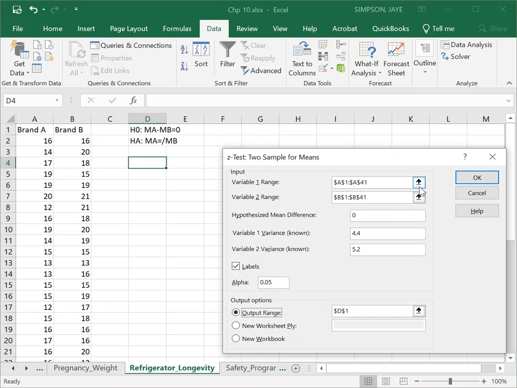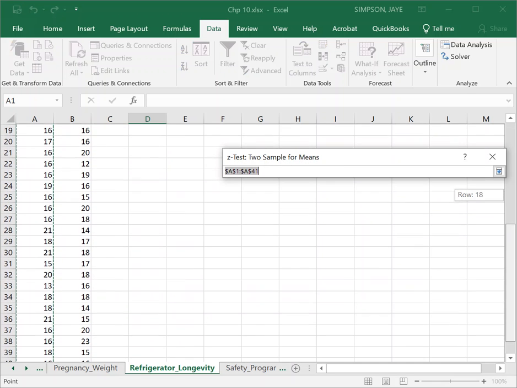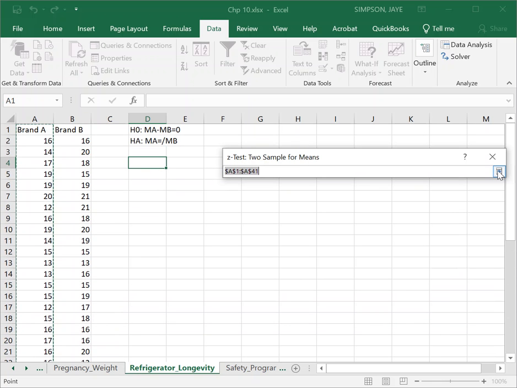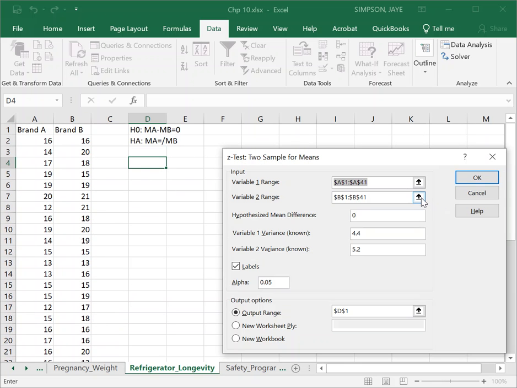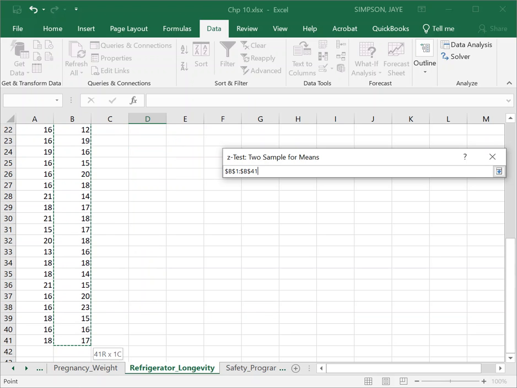I've already put the data in here once you run it the first time. My variable 1 range is A1 through A41. You can see I've got all the data highlighted there. And for variable 2 range, it's B1 through B41, and you can see that we've got all that highlighted here.